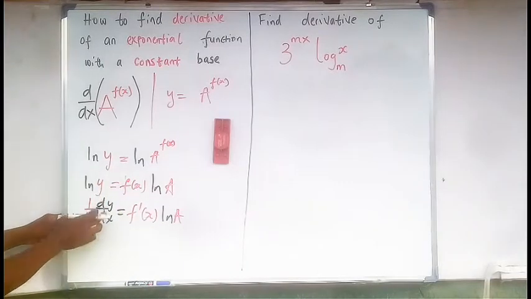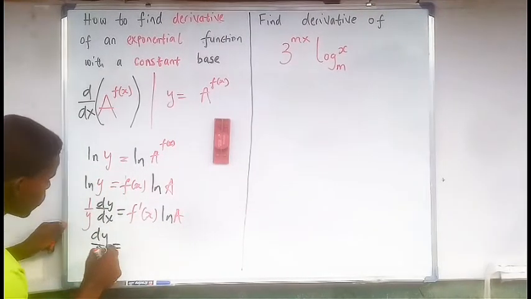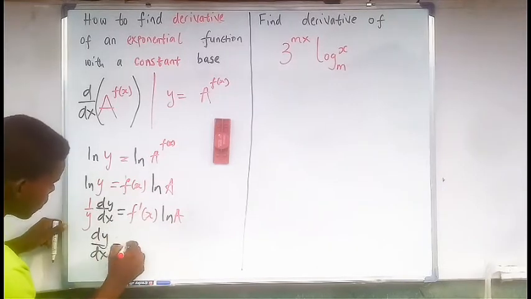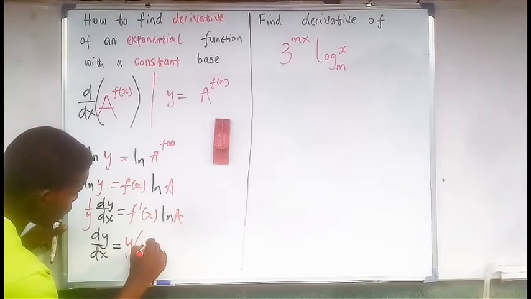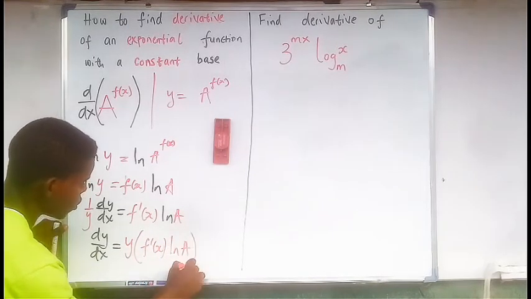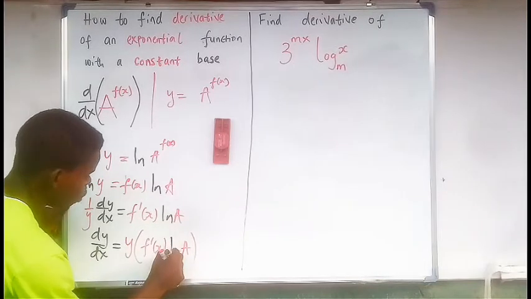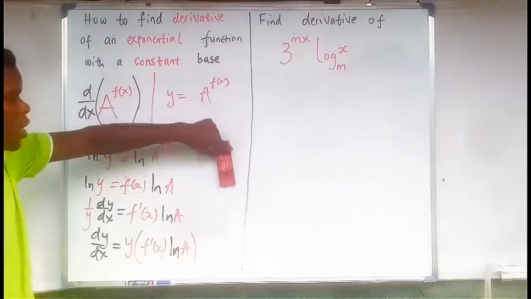Okay, so we go further to make dy dx the subject of the formula. So dy dx will now become, cross multiply both sides by y. That will become y times f prime of x ln of a. Okay, so at this point, we take note that our y was equal to what? A raised to the power of f of x.